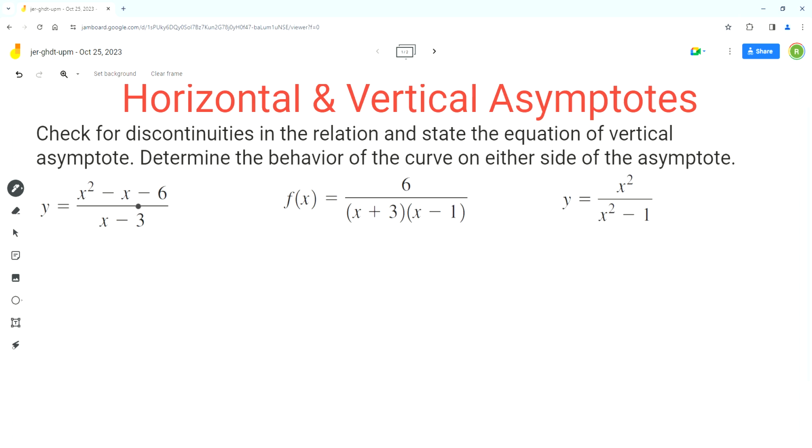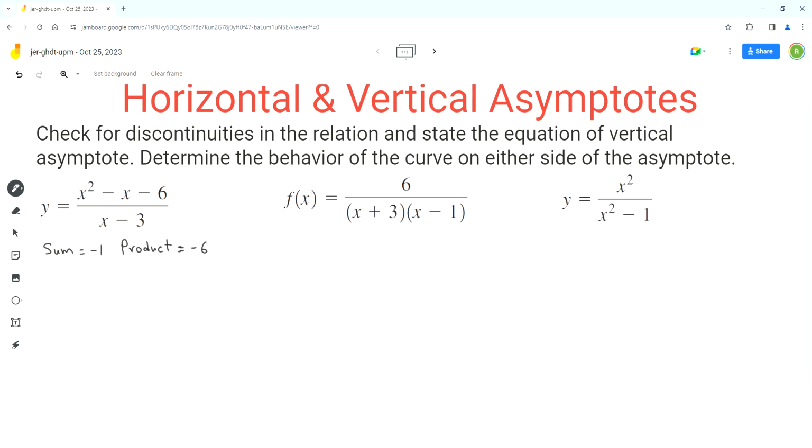Now the numerator of this rational expression has a simple trinomial. So we can use the sum and product rule to find the factors of the numerator. Now we have to find two numbers whose sum is -1, the coefficient of the x term, and product is -6, the number term.